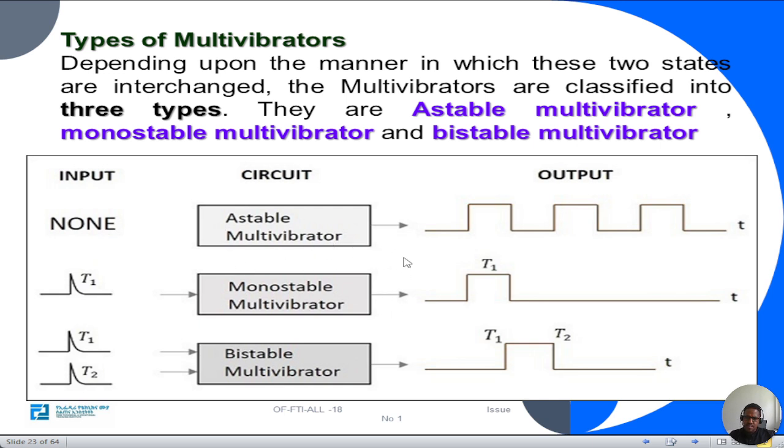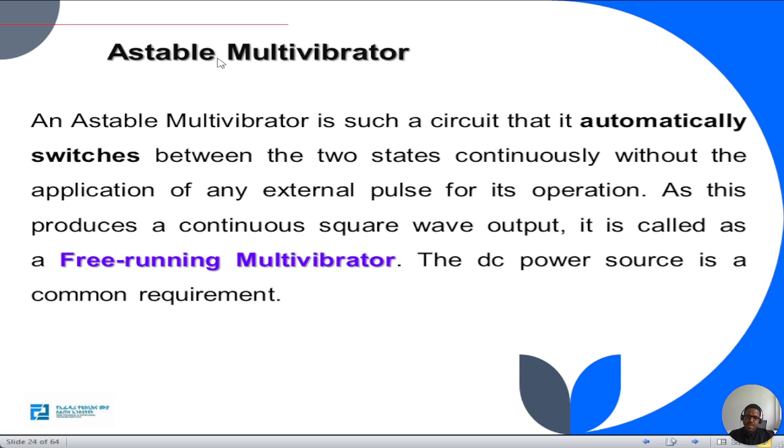During astable multivibrator, an astable is such a circuit that it automatically switches between the two states continuously without the application of any external pulse for its operation. As this produces a continuous square wave output, it is called a free running multivibrator.